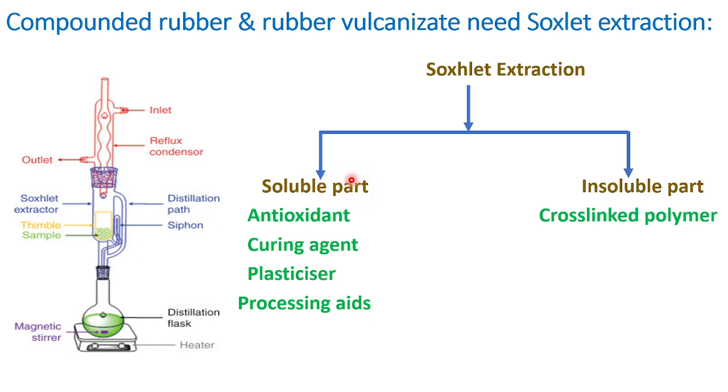So there is a soluble part and an insoluble part. The insoluble part is obviously the cross-linked polymer, and in the soluble part there are different ingredients that you added during the processing of your rubbery material or polymer material, that is antioxidant, curing agent, plasticizer or processing aids. So you have to separate out the soluble part and insoluble part, and then do different chemical analysis.